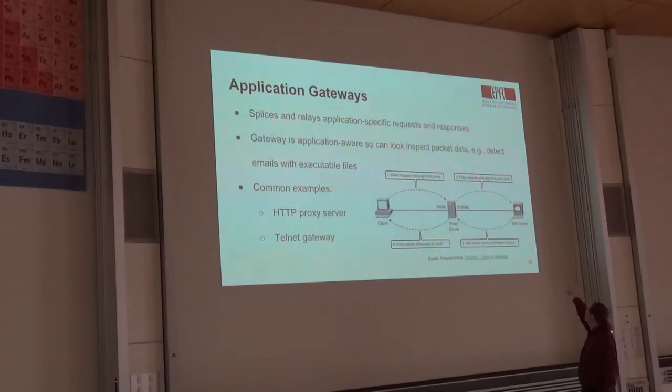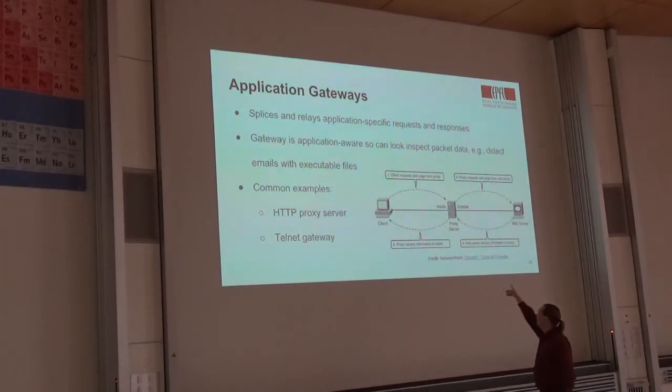The client is trying to connect to this web server, but the proxy server in the middle, run by this firewall, is going to actually intercept and be the TCP endpoint to accept the client's request and open a new TCP endpoint over to the web server.